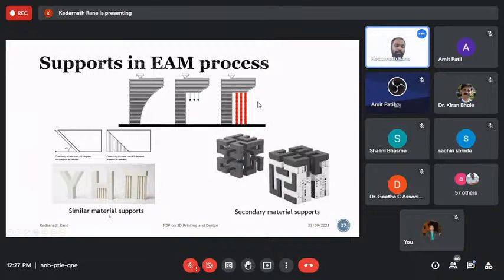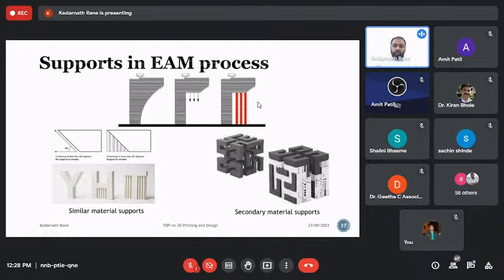If there is only one nozzle in the system, you can go for a similar material and then you can easily remove the support structure afterwards. Or you can have a secondary material. For example, some commercial machines have two nozzles.